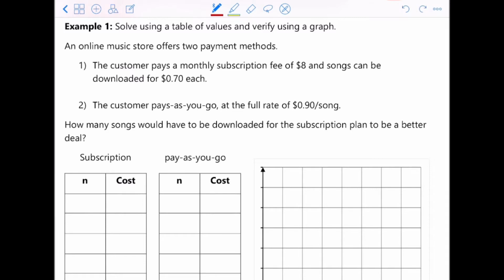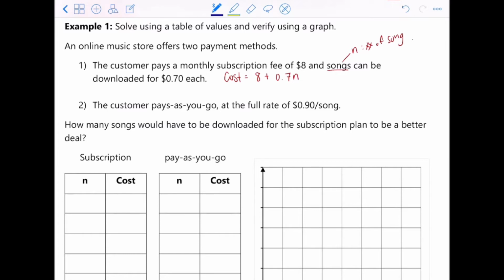So the equation of this would be the total cost equals the monthly subscription fee is $8, so that's where we're starting at. And if we label the number of songs as variable n, we know each song costs 70 cents, so 0.7 times n would be the total cost.